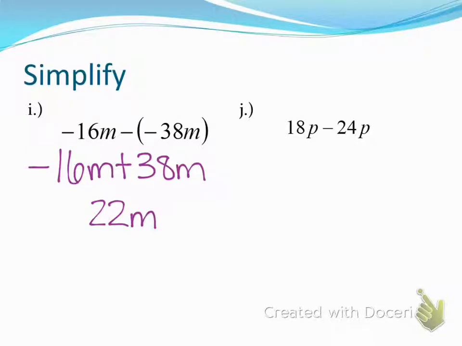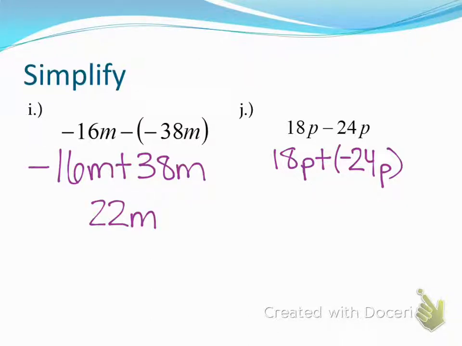On letter J, we can also change this to an addition problem. It would be adding a negative 24p. If you don't need to change it to addition to understand what's going on, you don't have to do that, but I find it helpful. Logan, what'd you get? 6p.